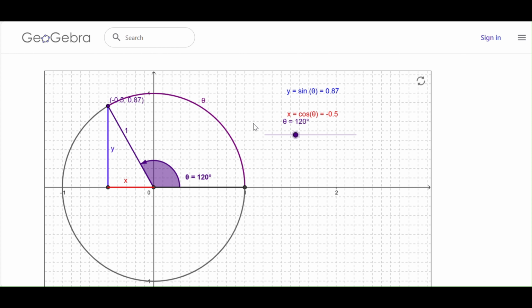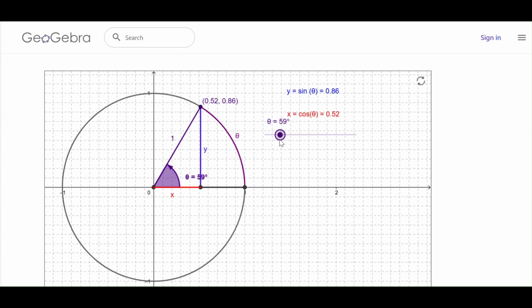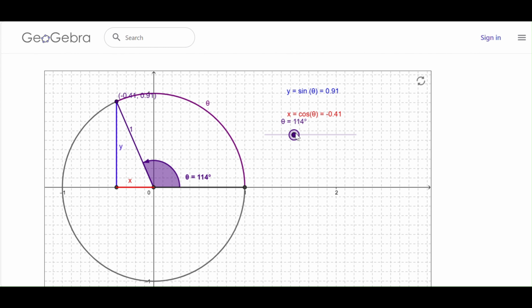Where was 30 degrees? 30 degrees was here, right? Now, what do we notice here? 30 degrees will be the same as, what if I go to the other side? All the way here, and then I have 150 degrees, right?